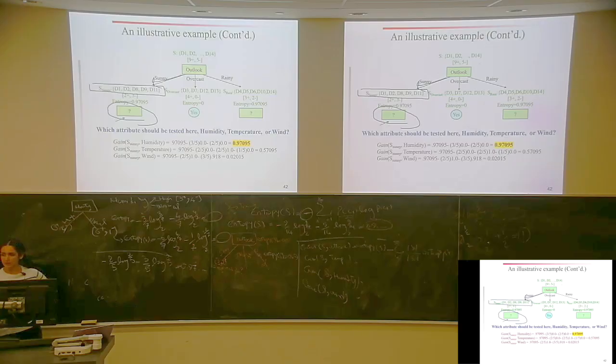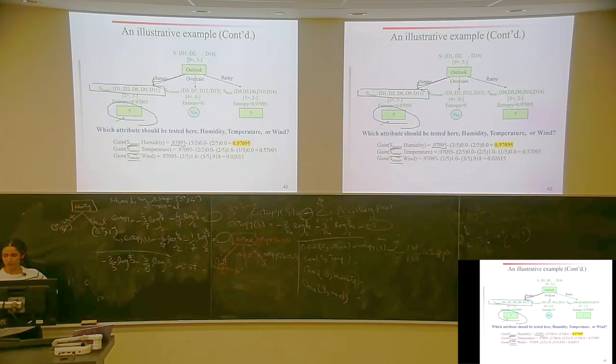You're already in this branch where outlook is sunny. So your set now only has 5 days, right? So you want to calculate gain of S sunny given humidity, gain of S sunny given temperature, and gain of S sunny given wind.